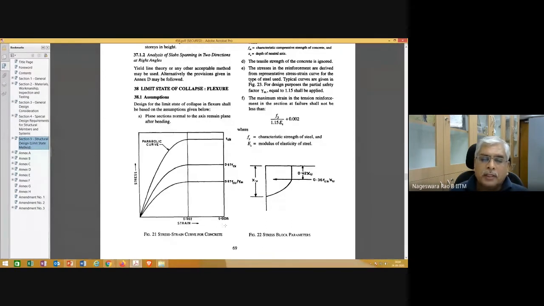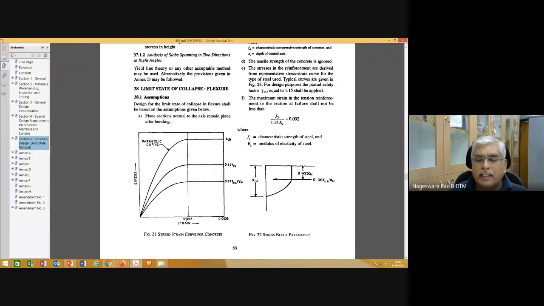Okay. And one more thing, the ratio of the distance from 0 strain value to the strain value of 0.002, to the distance from 0 to 0.0035. That distance you need to make a note of. That ratio is going to be 4/7.